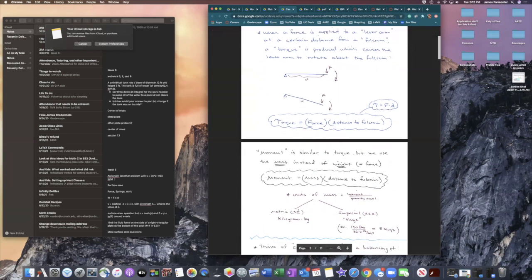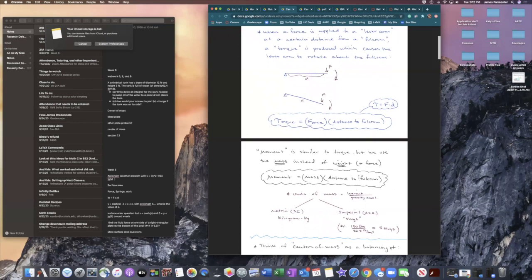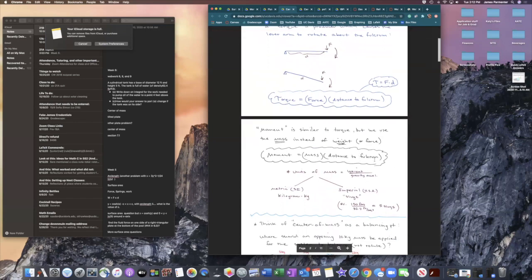In the metric system, that would be kilograms times meters, for example, which is what moments are measured in. In the US system, mass is always awful. It's slugs. And I think of slugs as force or weight divided by gravity, which is kind of weird. So US system, slugs.